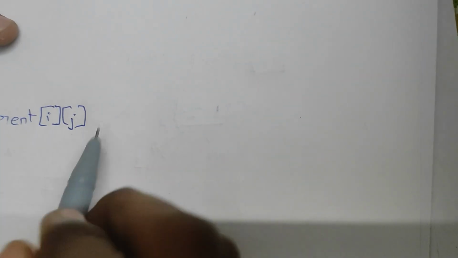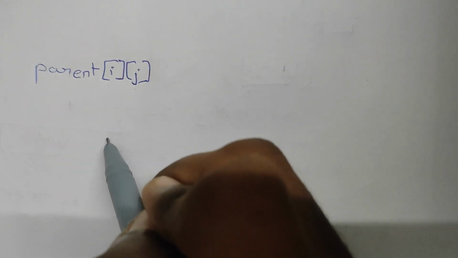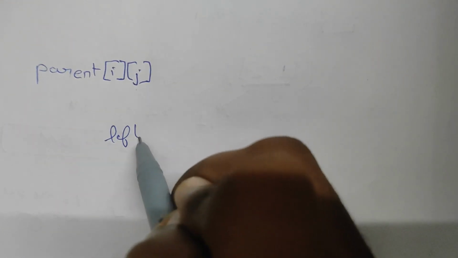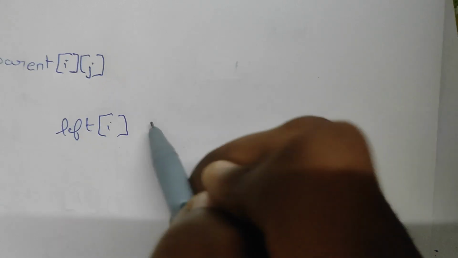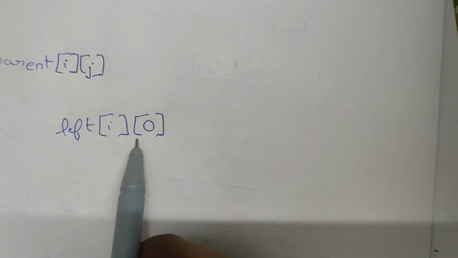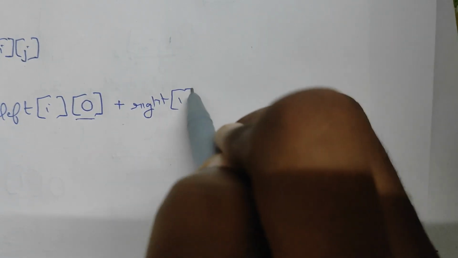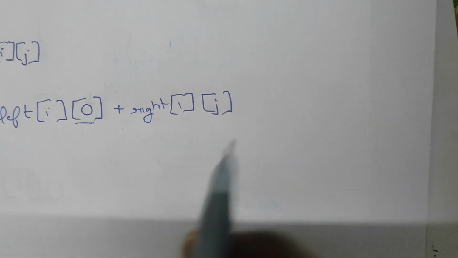So the parent I j can be affected by these possibilities. Left child I0. If the left child doesn't choose the rightmost element, the right child can choose the leftmost element. Okay, why is this?